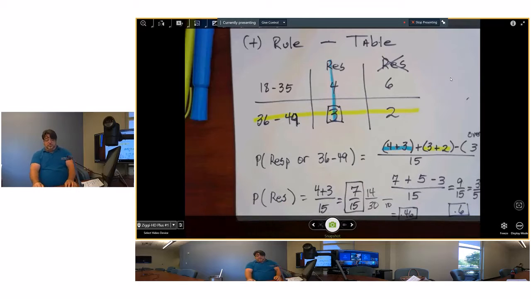What's 7 divided by 15? It is 0.46. All I did was change this into tenths, and this came out to be 4.6. And when you take 4.6 and divide it by 10, it becomes 0.46.